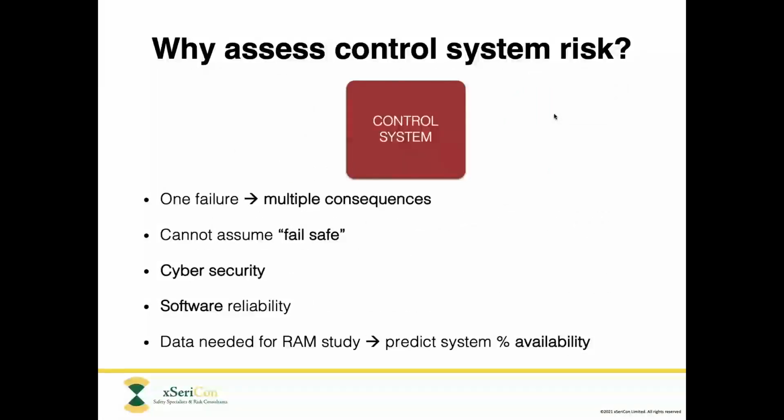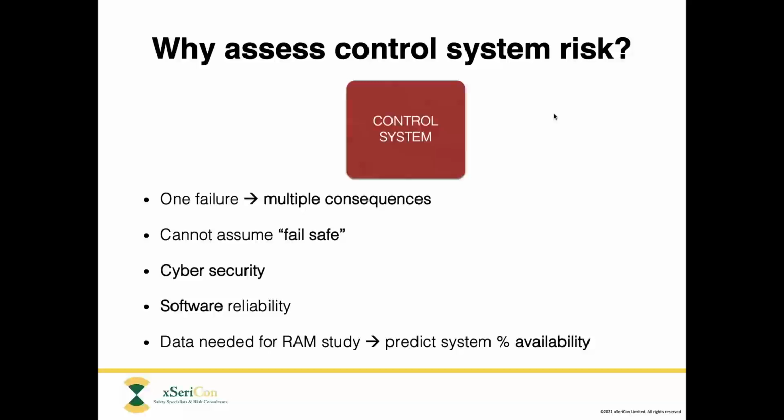So I think one of the reasons why it's important to focus on risks that arise from upsets in the control system itself is that, in contrast to process system upsets or process equipment upsets, a single failure in the control system could lead to multiple consequences.